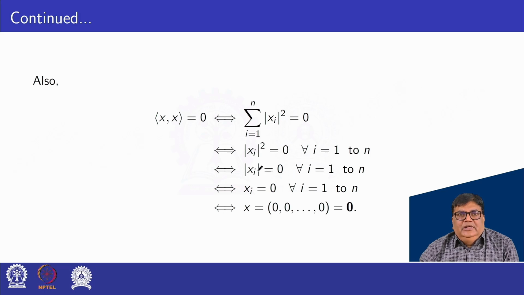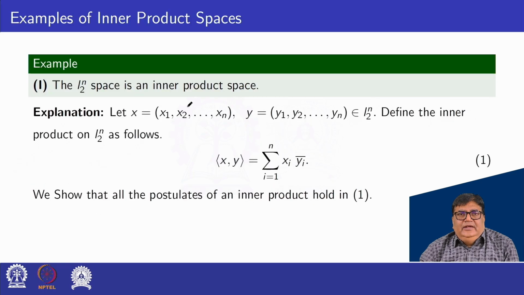It means xi is equal to 0, because modulus is always non-negative. So xi is equal to 0 for all i from 1 to n. It means x1 is equal to 0, x2 is equal to 0, and so on, xn is equal to 0. This implies that x is the n-tuple x1, x2, and so on, xn.